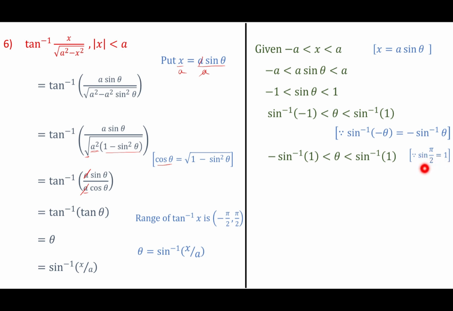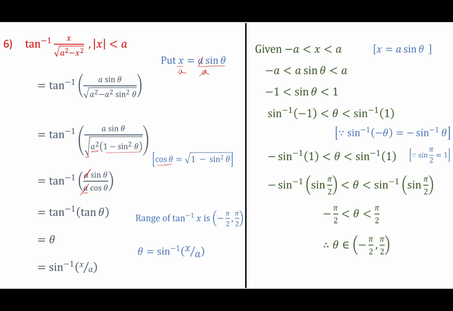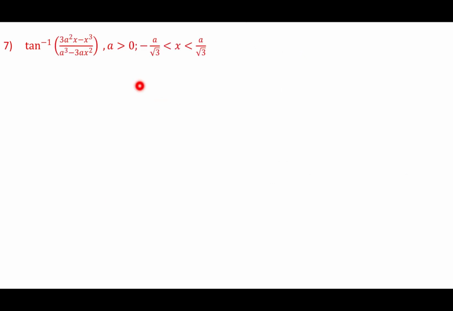So in place of 1, I will write sine pi by 2. Here sine inverse and sine will get cancelled. It will be negative pi by 2 less than theta, and on the other side sine inverse and sine will be gone. It is pi by 2. So theta lies between negative pi by 2 and pi by 2, which is the range of tan inverse x. That's all.